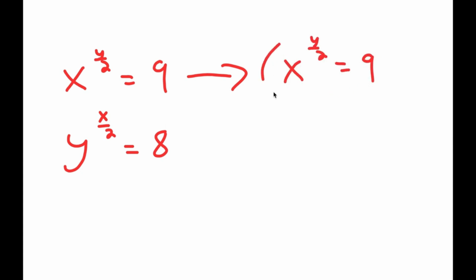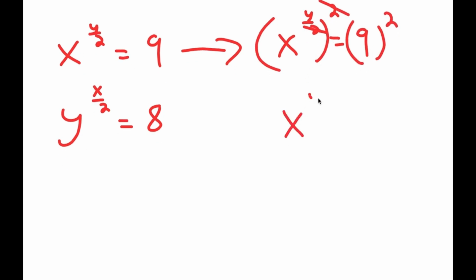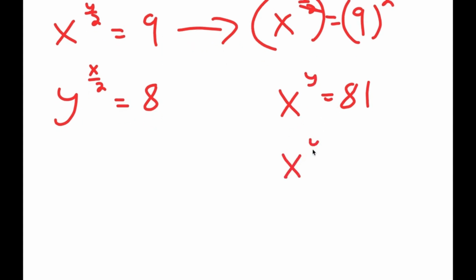I can first start by taking the power of 2 on both sides. So then these two cancel out, and I get x to the power of y is equal to 81. Now 81, I can rewrite that as 3 to the power of 4.